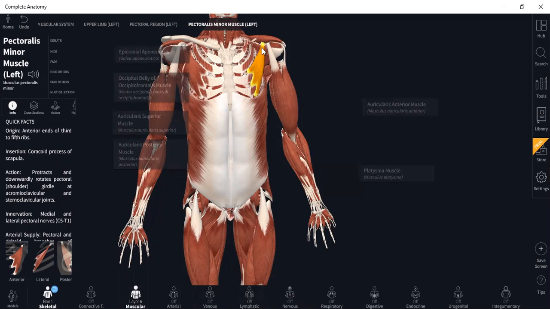If we look at pectoralis minor, it has 3 points of origin, and it inserts on the coracoid process of the scapula. So it will move the scapula in an anterior or forward motion. So the pectoralis minor will move the scapula forward.